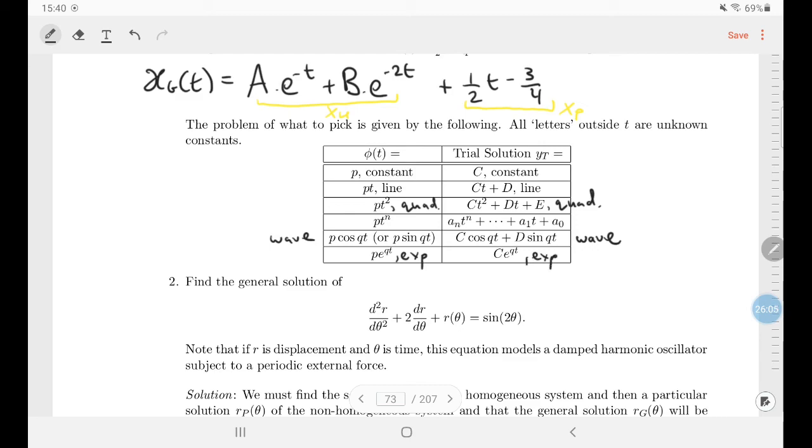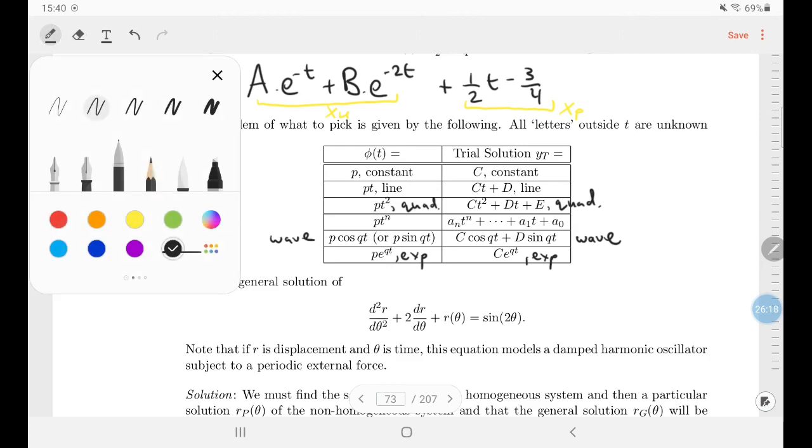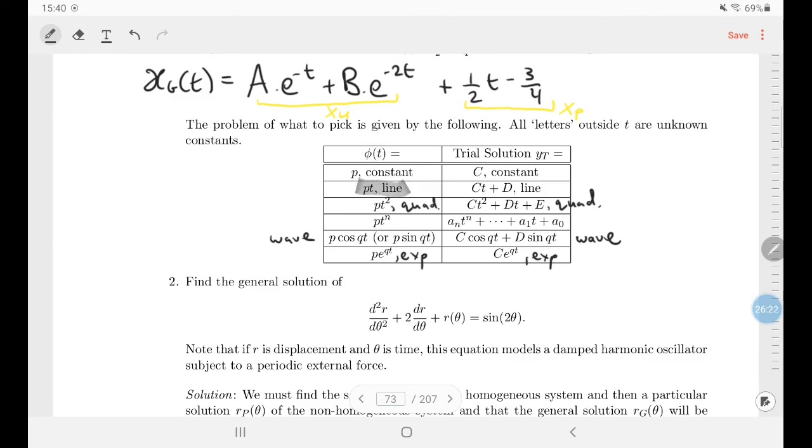The thing about it is you might see slight differences. The difference between, say, the PT, so I'm just going to talk about this, the difference between this and this is they're both lines. They look different.